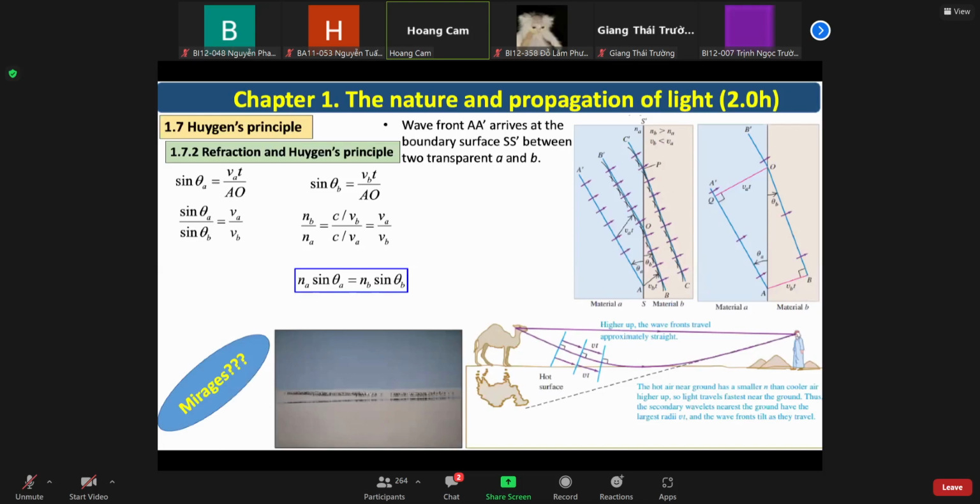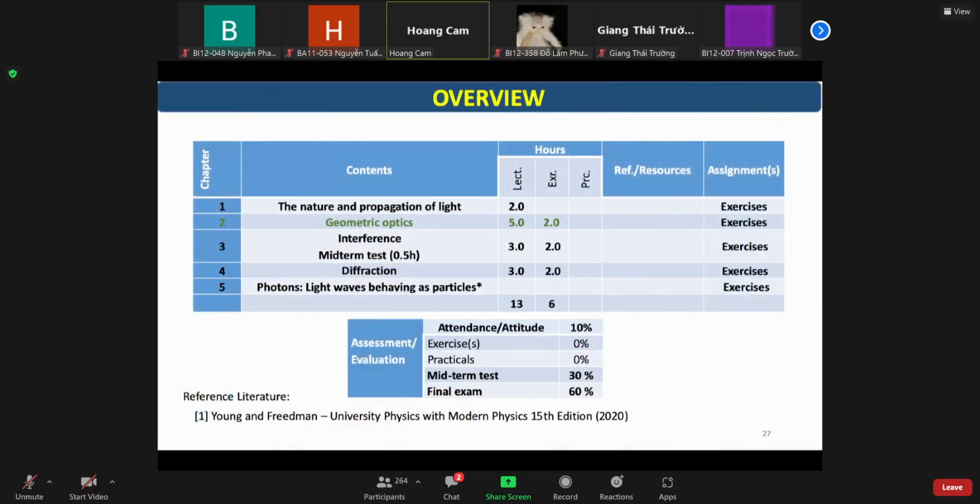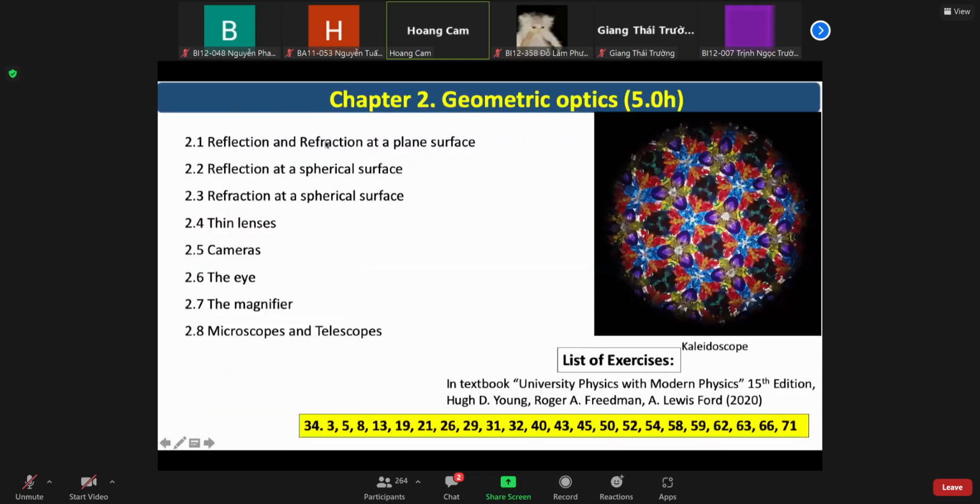So with that, we end chapter number 1 here. Now we will move to the second chapter, in which we deal again with reflection and refraction. However, we will deal with some concrete optical devices.